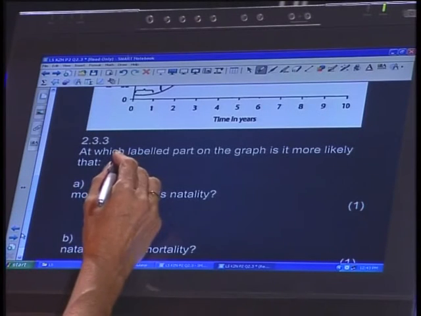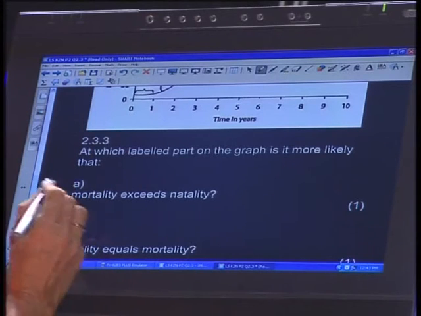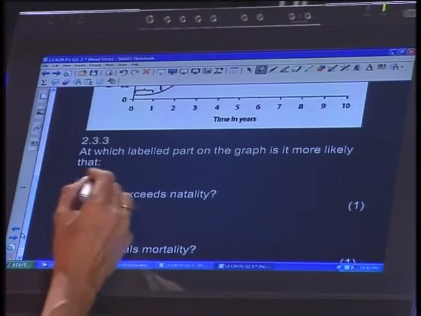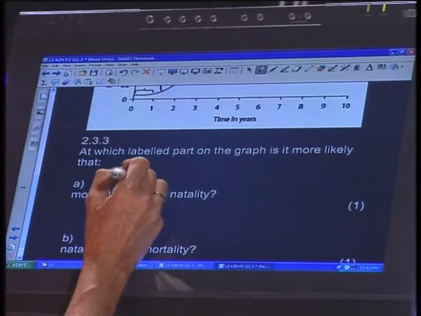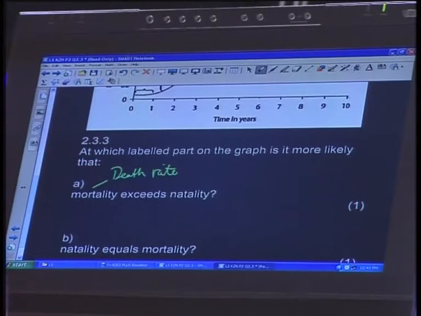At which labeled part on the graph is it more likely that mortality exceeded natality? Now remember, mortality is the death rate. We say that we are mortals, all right? And the fact that we are mortals means that we are born, we live, and we die. So mortality would be the death of that organism.